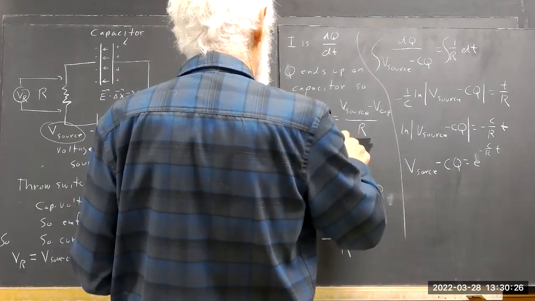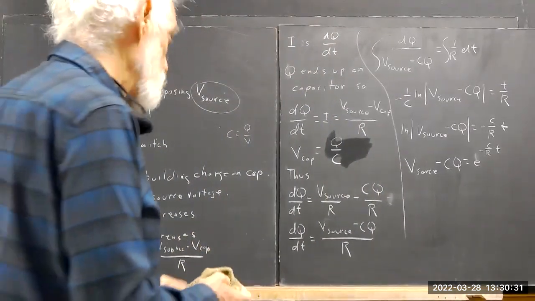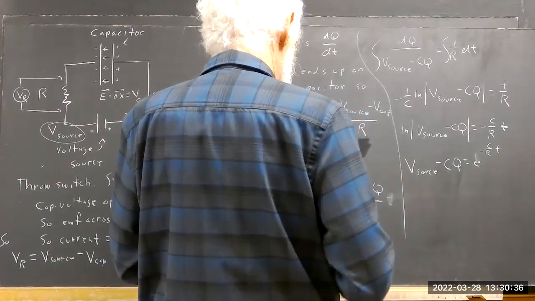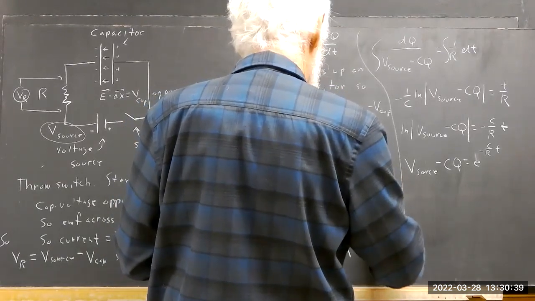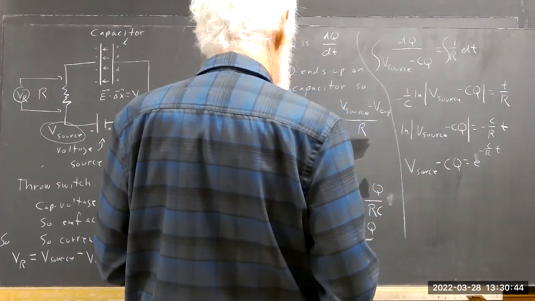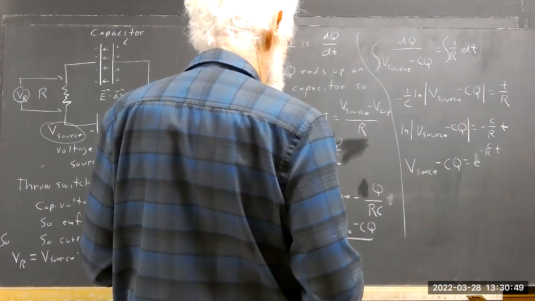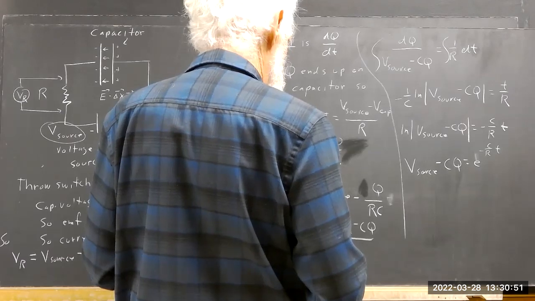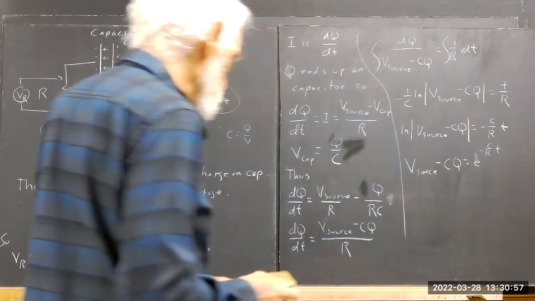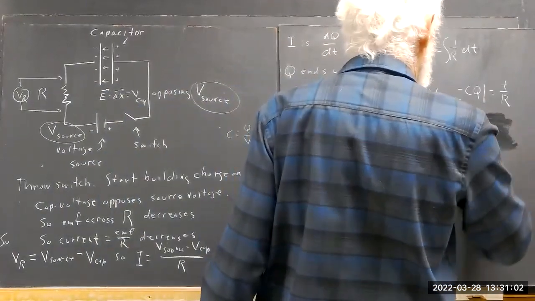The voltage across the capacitor is Q over C. I should have recognized right here, because I know I'm going to get an RC. That's going to complicate the equation a little bit, so I'm going to apologize. I'm going to just kind of wipe out everything I did here.